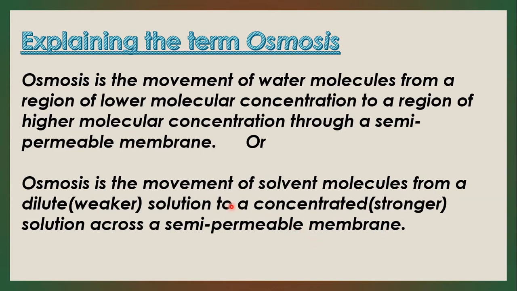So in this also, there's a movement of solvent molecules, usually water, from a dilute solution, a solution with much water, or weaker solution, to a concentrated solution, that's a solution with so much solute particles like salt or sugar, across a semi-permeable membrane. So you can define osmosis by one of these definitions.